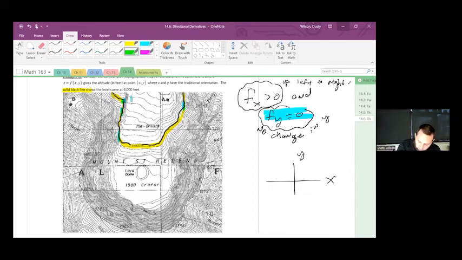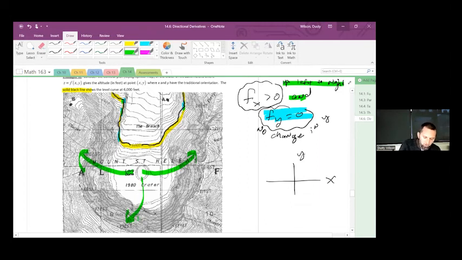But we also want to be going up, left to right. Notice we're in the mountain, or sorry, in the crater. So we would be going up as we go from the crater out to the right, or up as we go to the left, or up going down to the bottom.